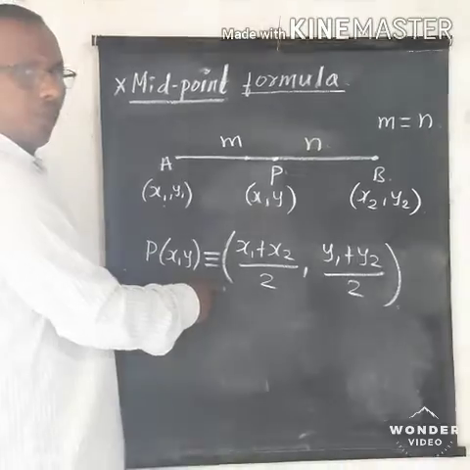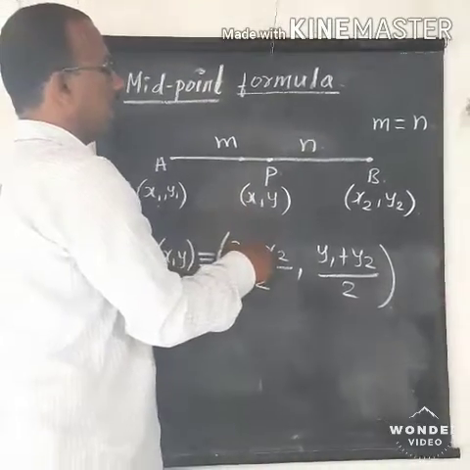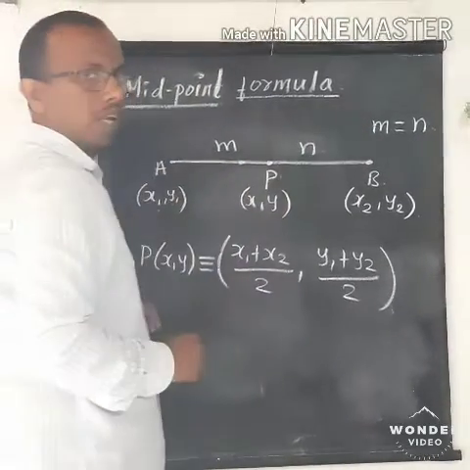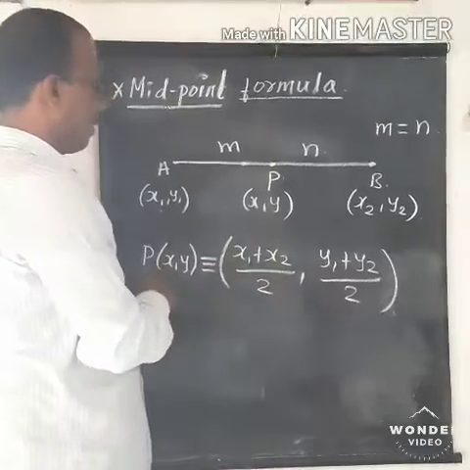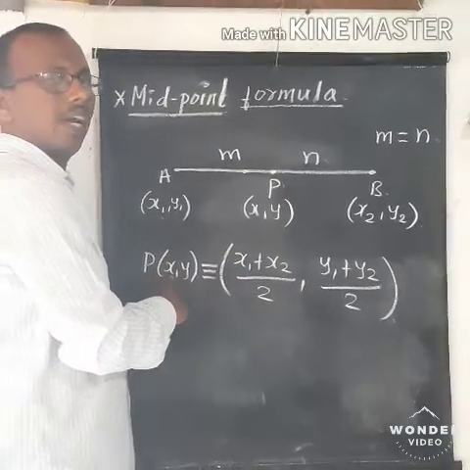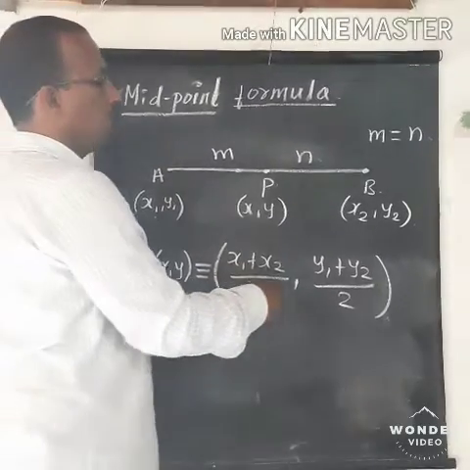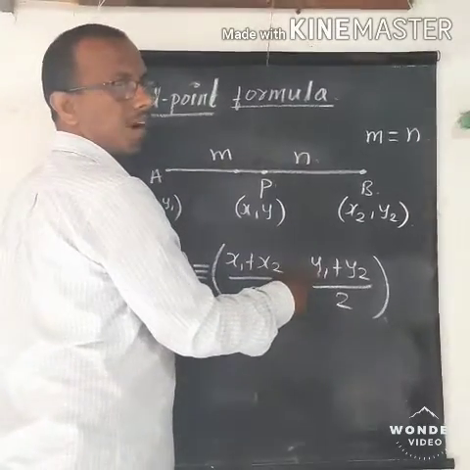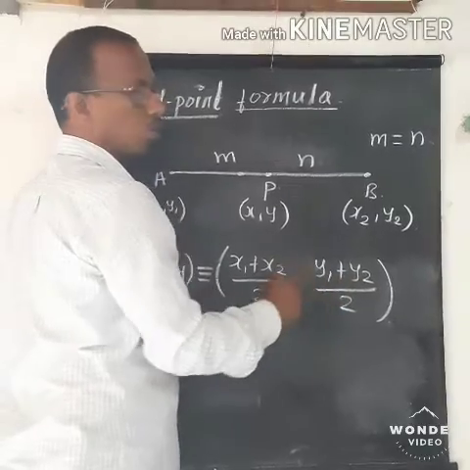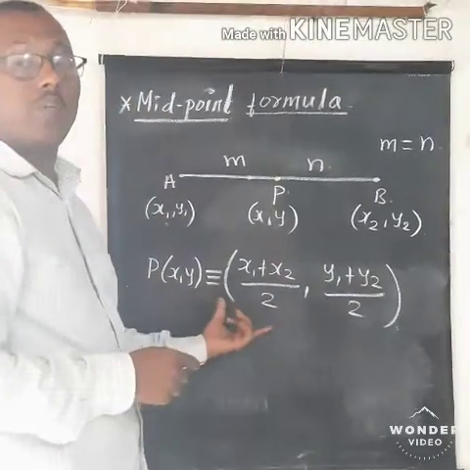So this is the midpoint formula. As m and n are equal, we directly write P(x, y) is equivalent to (x1 plus x2) upon 2, comma (y1 plus y2) upon 2, and this formula is called the midpoint formula.